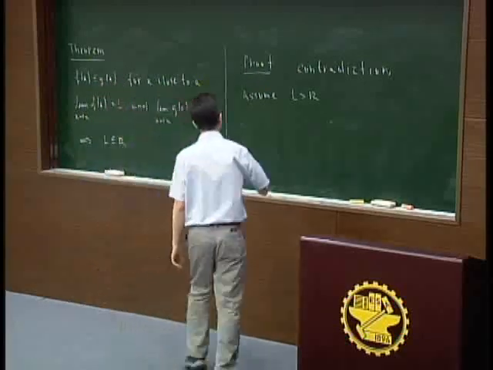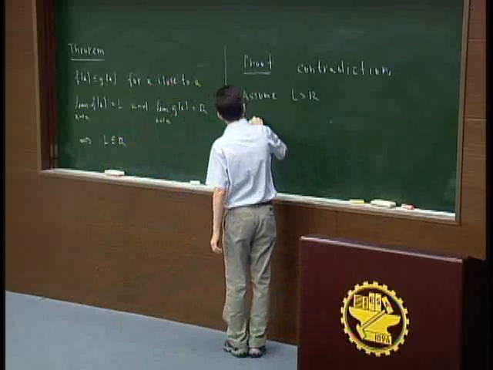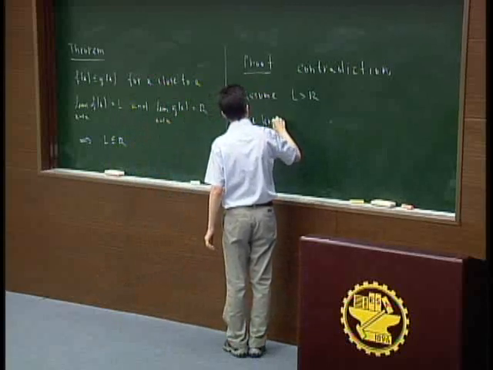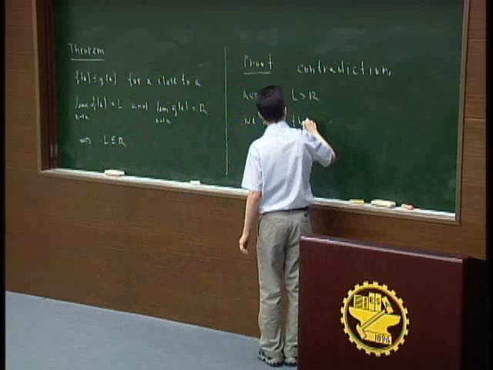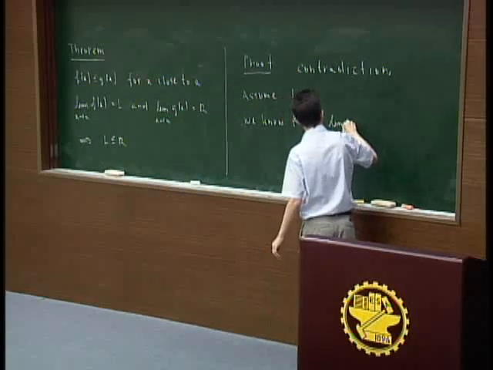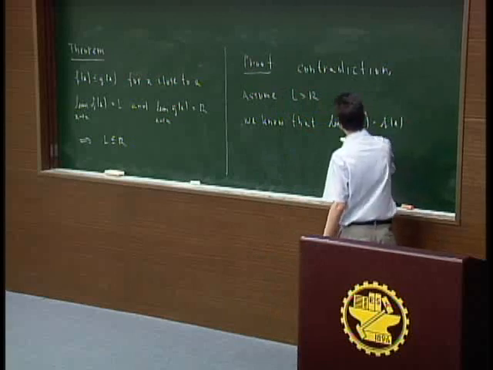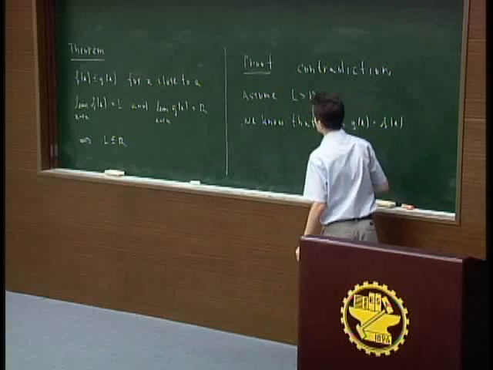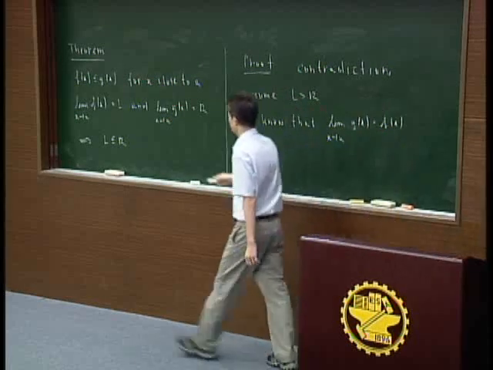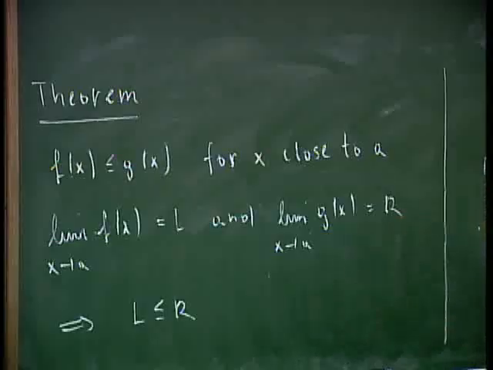Okay, so we know that the limit of g of x minus f of x as x tends to a also exists because those two limits exist, and is equal to r minus L.